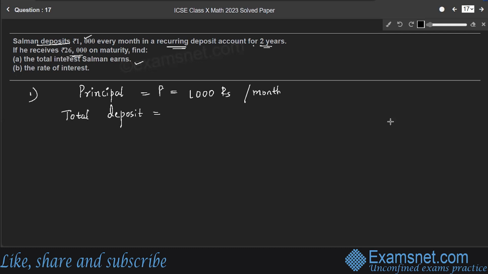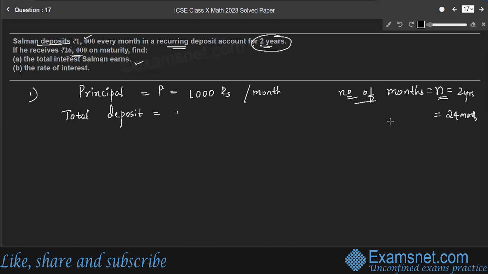So total deposit: he deposited for 2 years. Therefore, the number of months he deposited is n, which is 2 years. 2 years is nothing but 2 into 12, 24 months. 24 months is the number of months, or n.